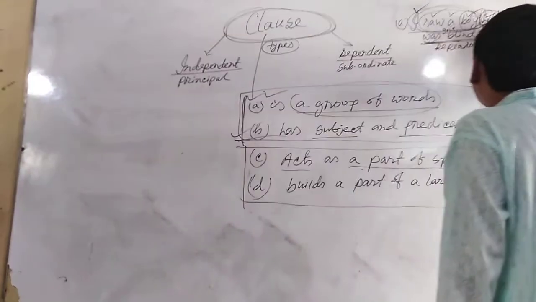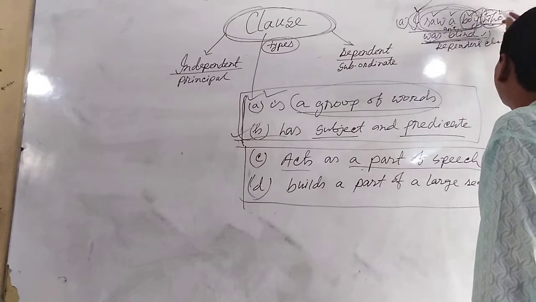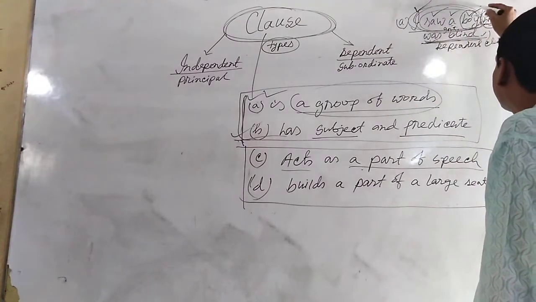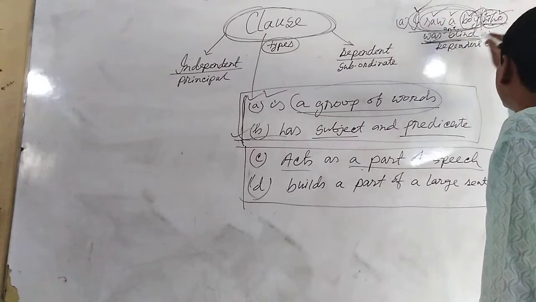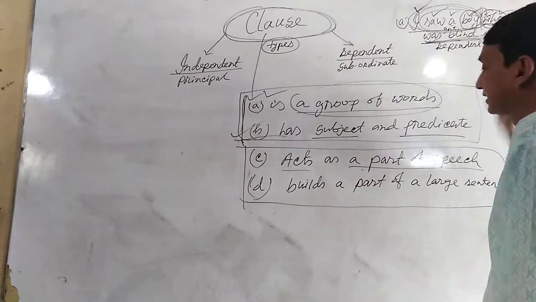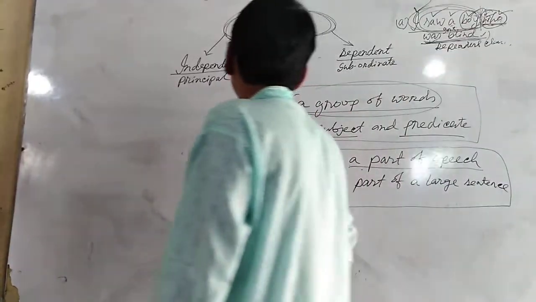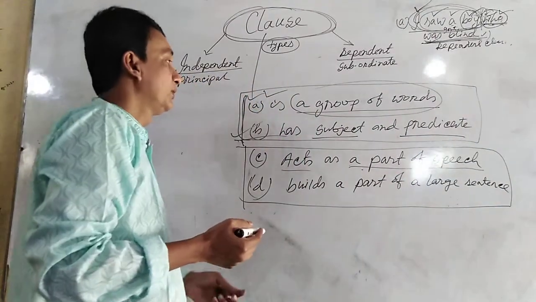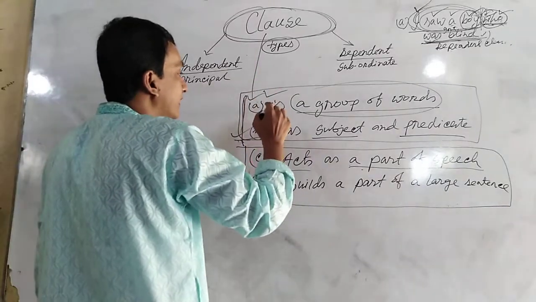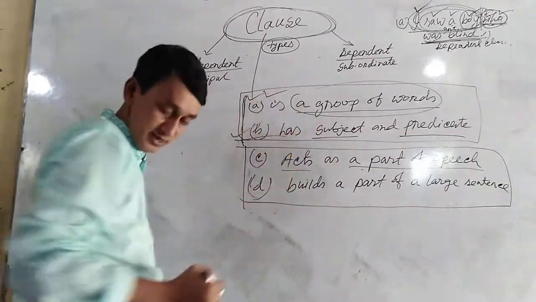I saw a boy is a part. Who was blind is a part of this large sentence. Then, dear viewers and learners, we have already understood what clause is and what the characteristics of clause are.